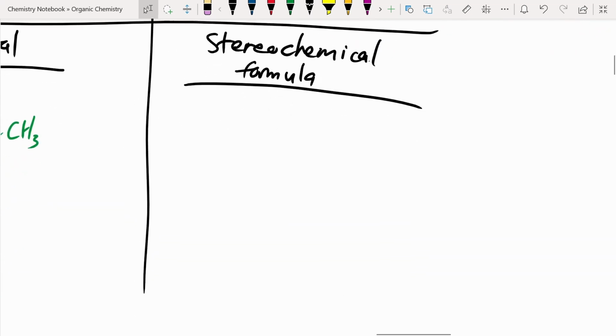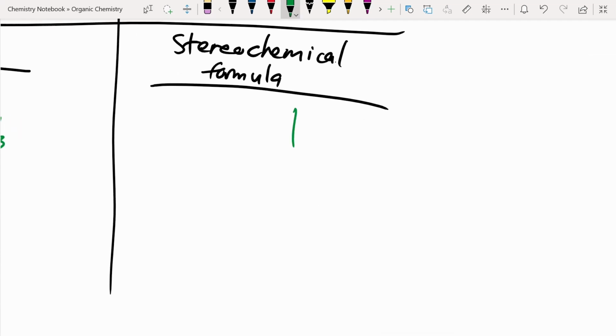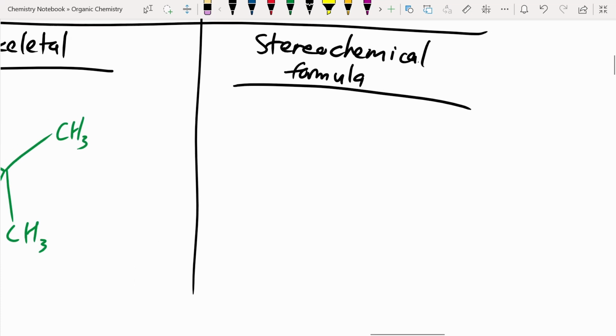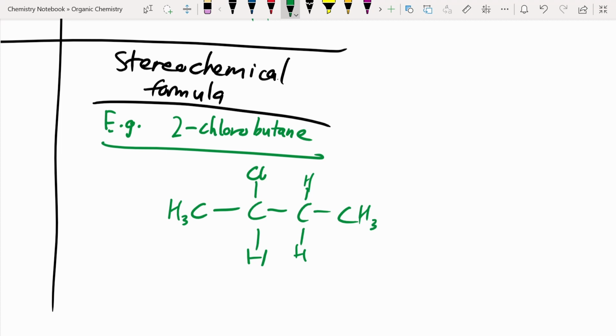Then stereochemical formula. This one will be a bit tricky, so I'll use another example. For 2-chlorobutane, the longest chain is 4 carbons, chloro is on the second atom, fill the rest of it with hydrogen such that each carbon has 4 bonds.